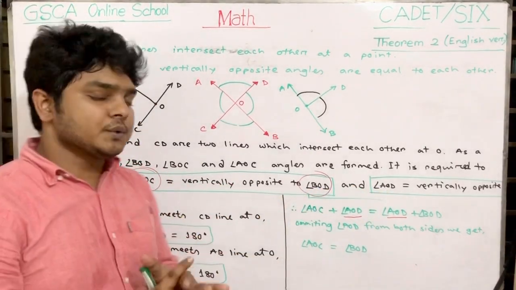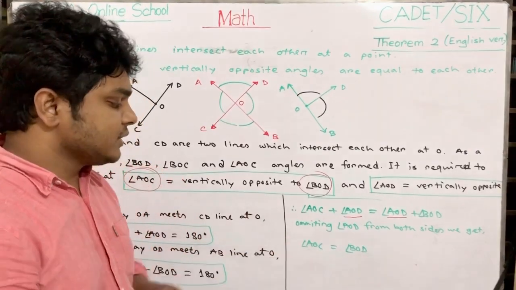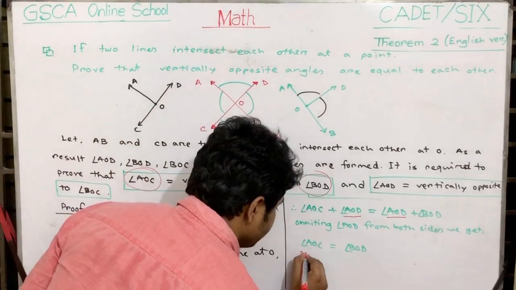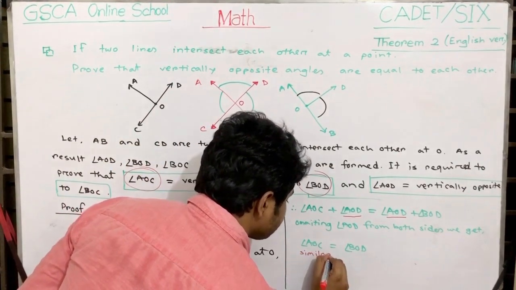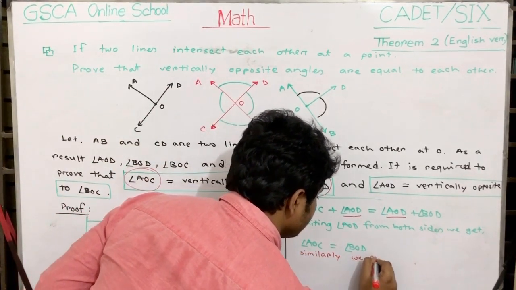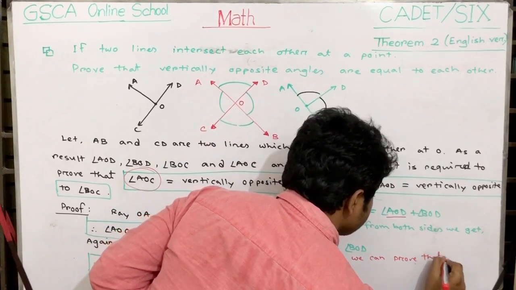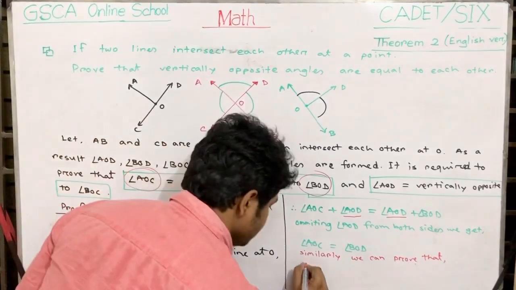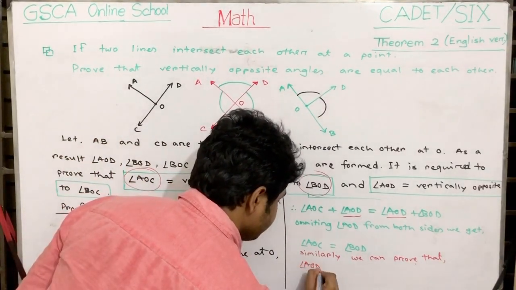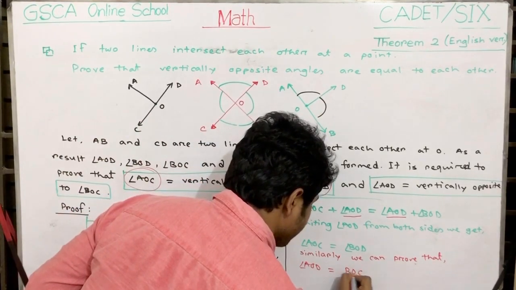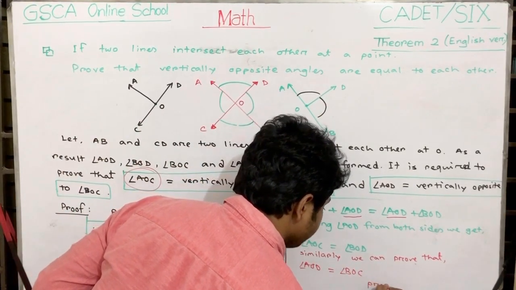It's not necessary to write it all out. Similarly, we can prove that AOD is equal to BOC. Proved.